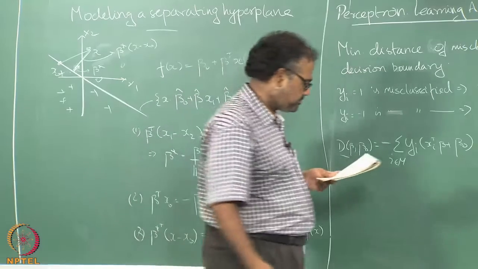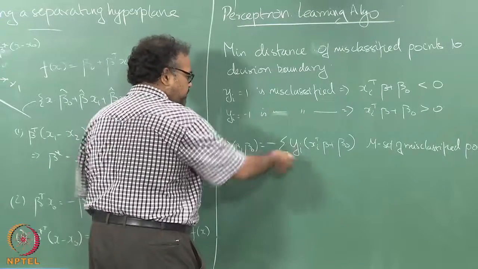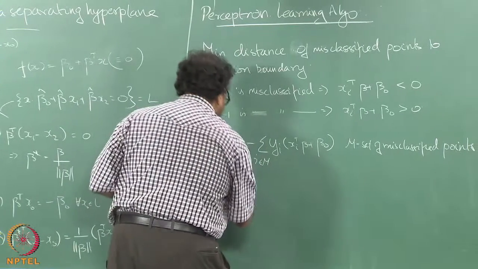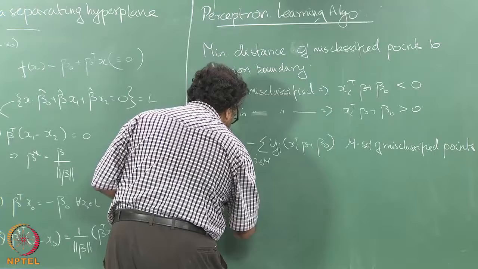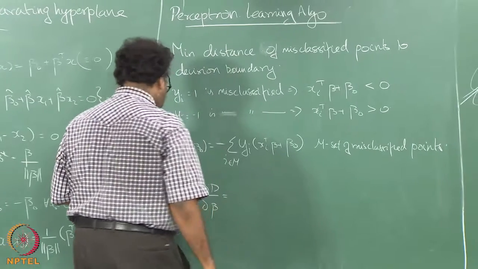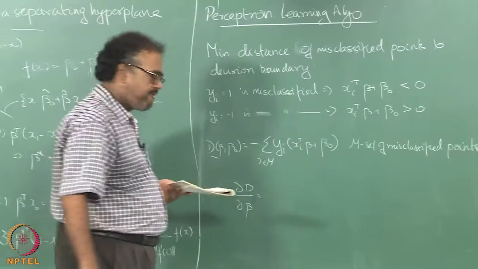Okay. Great. So now what we do is just use gradient descent. So I will find the derivative, so what will that be?